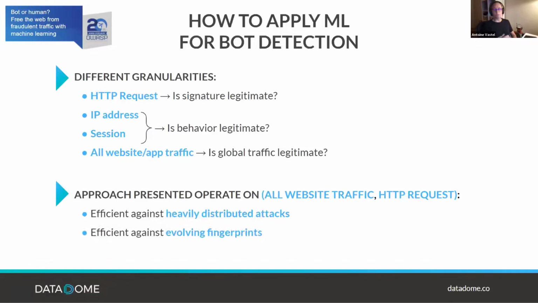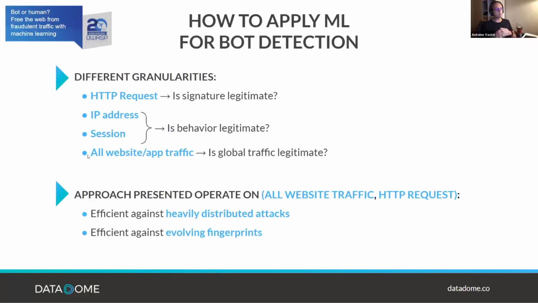And we can also observe the whole traffic of a website or of a mobile app to determine if globally the traffic is legitimate or if a significant part of the nature of the traffic changed and is linked to malicious activity.